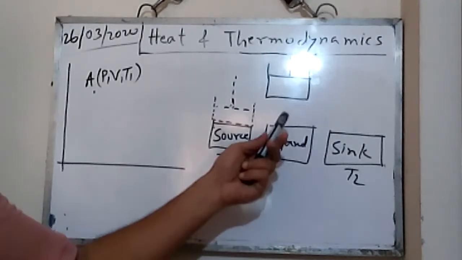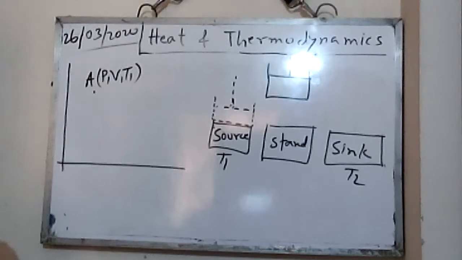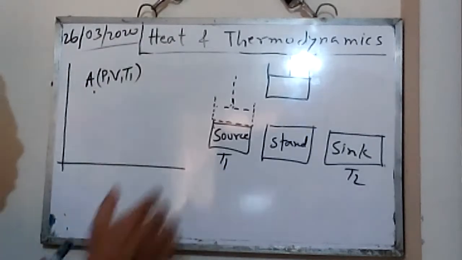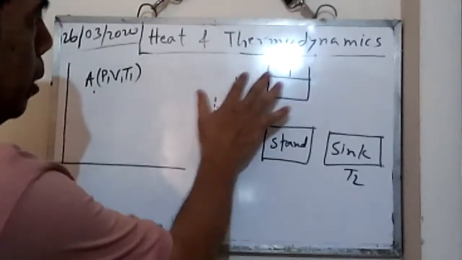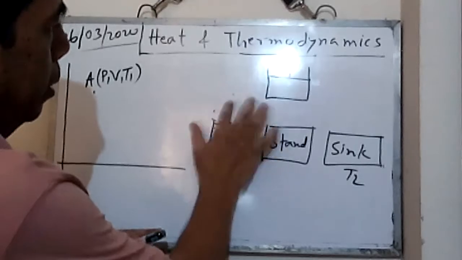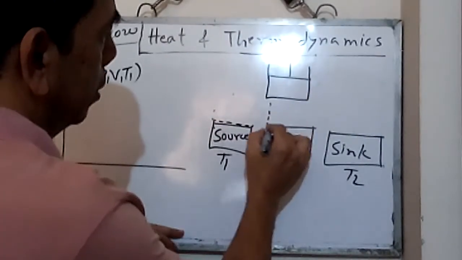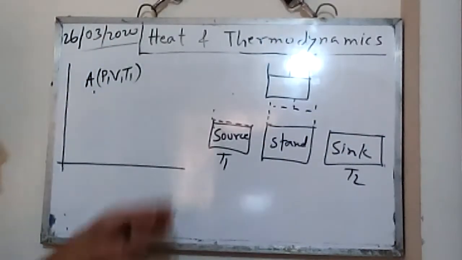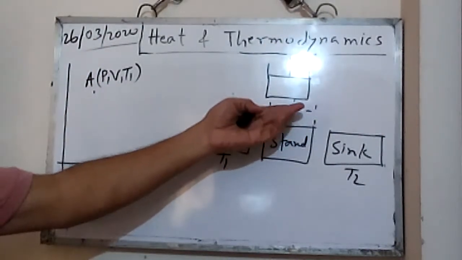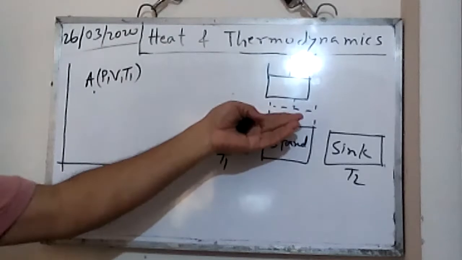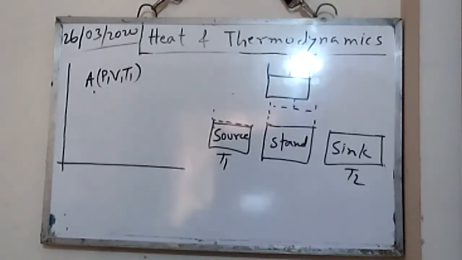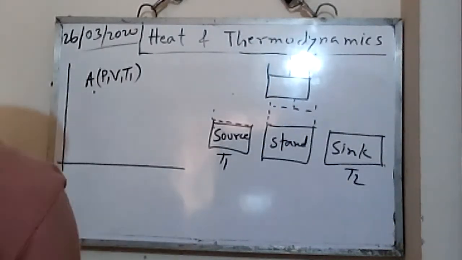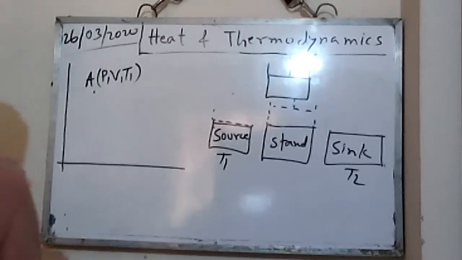And here also the gas is allowed to expand, and the temperature of the system falls. And the piston will go up again and the temperature falls, but here there is no heat given or absorbed.